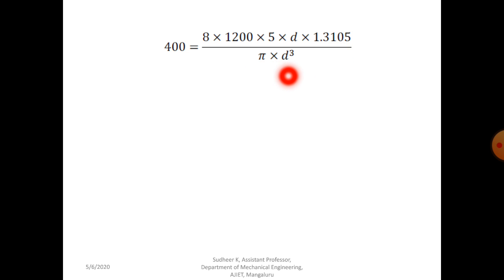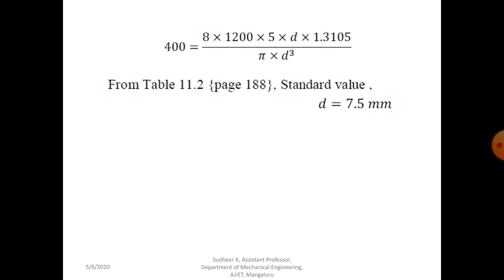So we need to find here the wire diameter of the spring, the spring wire diameter. After substitution, you'll get a value of nearly 7 point something. So we have to standardize this value. For that reason we have to go to this table, that is 11.2 from page number 188.